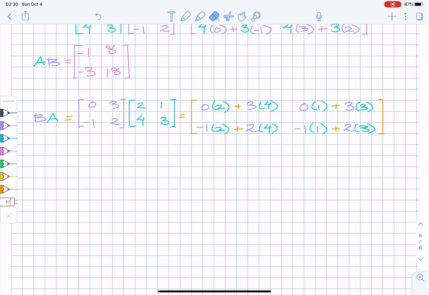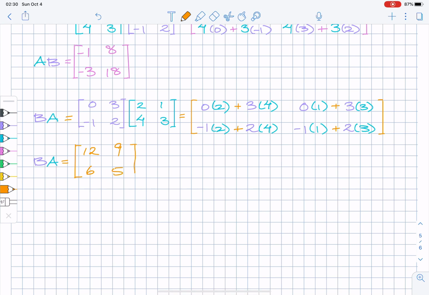Okay, so what do we get then? We get that matrix BA is going to be the 2 by 2 matrix. 0 plus 12 is 12. -2 plus 8 is 6. 0 plus 9 is 9. -1 plus 6 is 5.